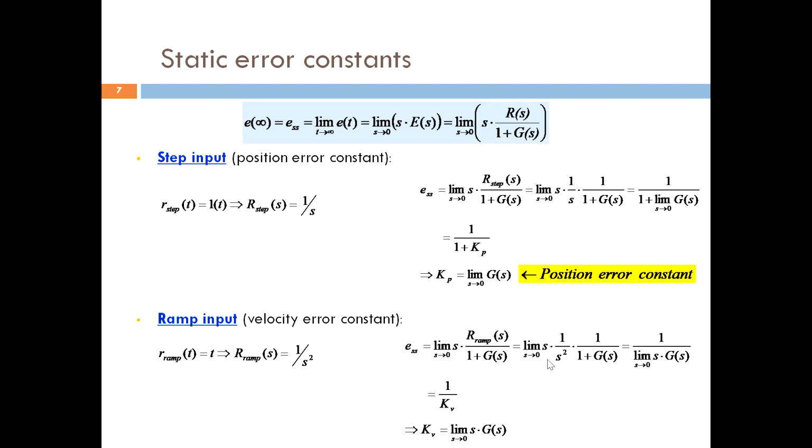So we let s approach 0, and what we end up with is this expression 1 over the limit as s approaches 0 of s times g of s, and we say let that limit as s approaches 0 of s times g of s be equal to kv, and that is what we refer to as the velocity error constant.